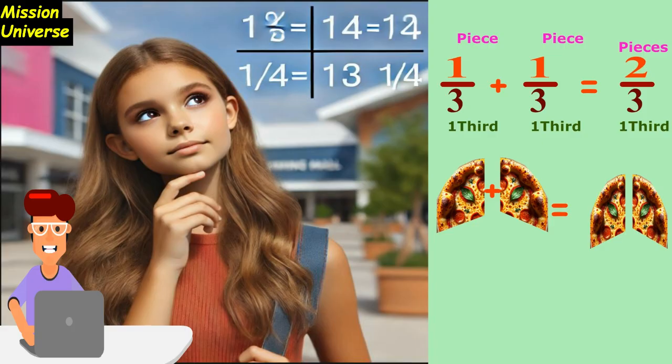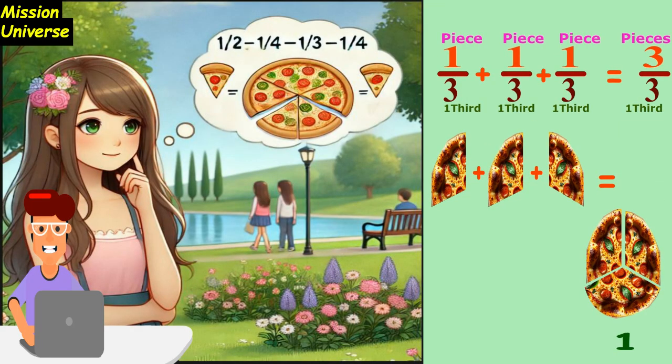If you add 1/3 piece of pizza with another 1/3 piece, it will become 2 pieces of 1/3 pizza. And if you add three 1/3 pieces of pizza, it will become 1 full pizza.